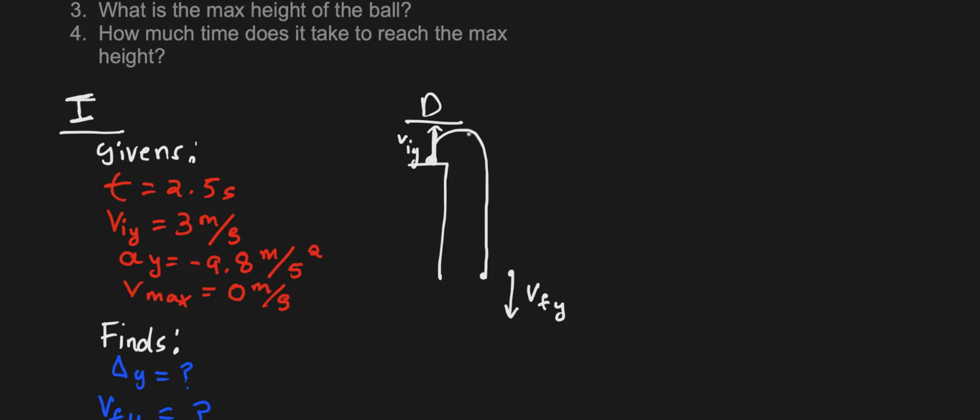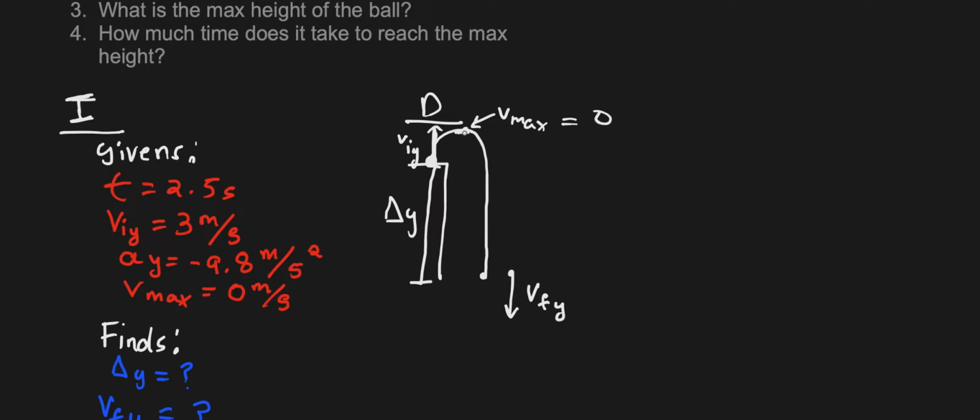And then we have a couple more things. We have the height of the cliff over here, something like that. That's going to be delta y. And then we also have the velocity at this moment in time. That's going to be the velocity at the max, right? And that's just 0. Okay, it's a given.